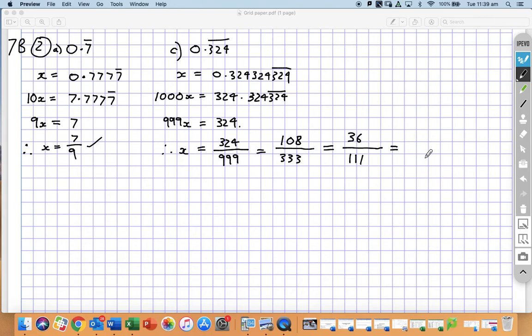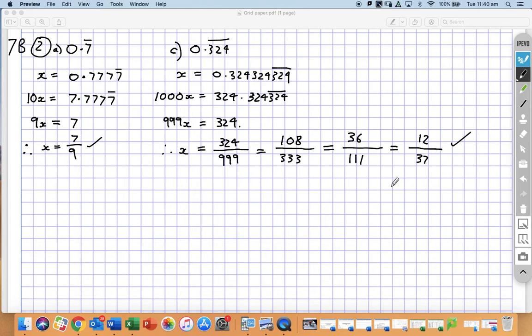Let's divide by 3 again. What's 111 divided by 3? It's 37. And 36 divided by 3 is 12. And that is as far as you're going to be able to go with that fraction.